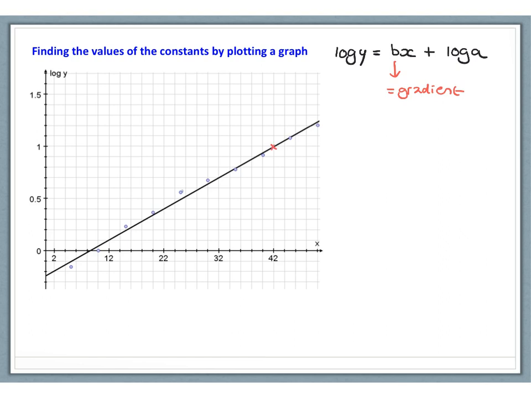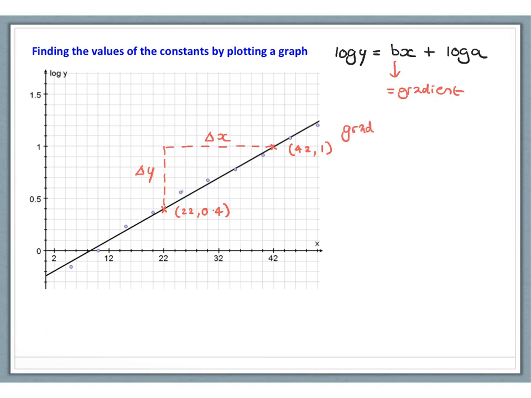So that's quite a clear-cut point there, which would have a coordinate of 42, 1. Let's find another point which intersects a coordinate clearly. So this is clearly the point 22, 0.4. Try and make your right angle triangle as large as possible. The larger that you can make it, the less error there will be in your result. So here's delta y, here's delta x. Let's calculate the gradient.